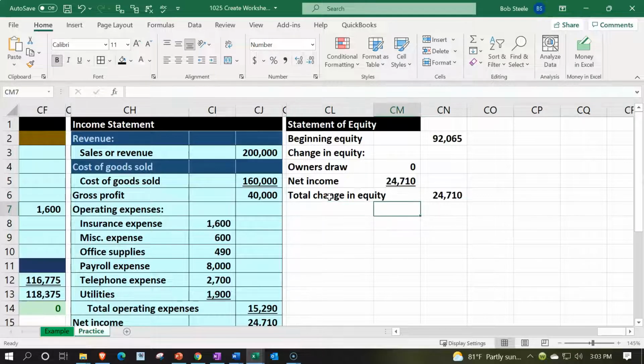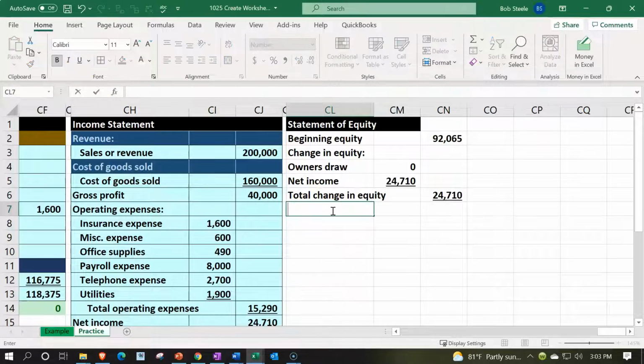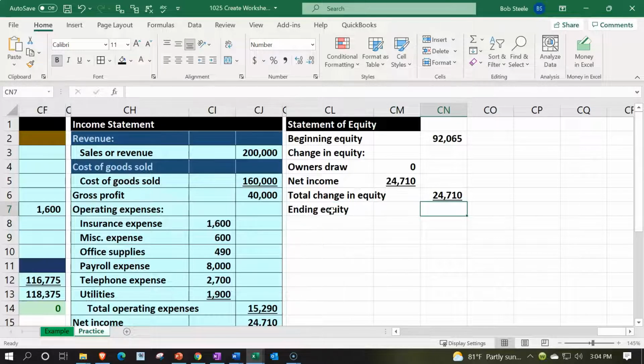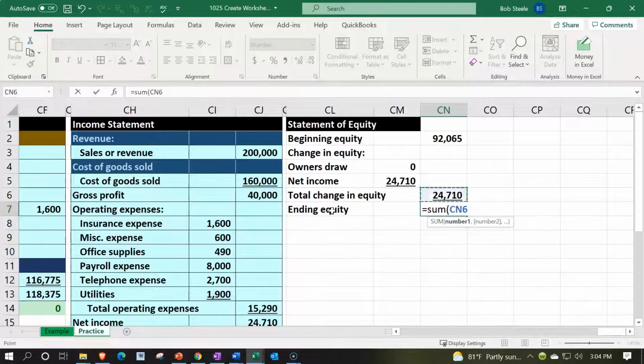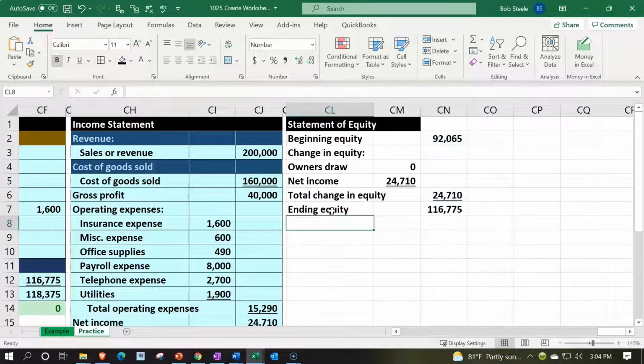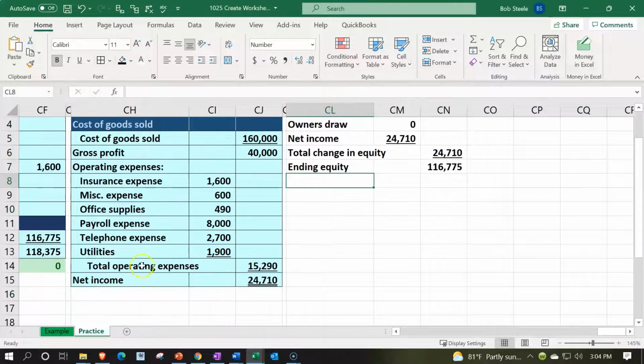And that's going to be the 24,700. Going to underline that. And that'll give us the ending balance. Let's call it ending equity, which often would be represented by a date. I could sum up this outer column now, and that'll give us our 116, and that ties out to this 116 here.